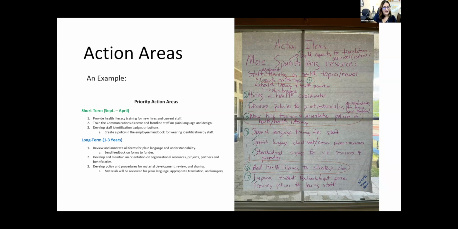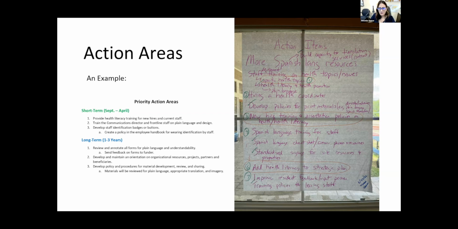So you'll see 3 short-term actions, which were designed to take place during that 8 months of the collaborative, and then long-term goals of implementation in the next 1 to 3 years. They generally had about 3 each of short-term and long-term; some of them had more.